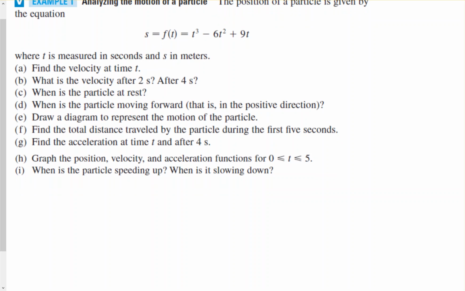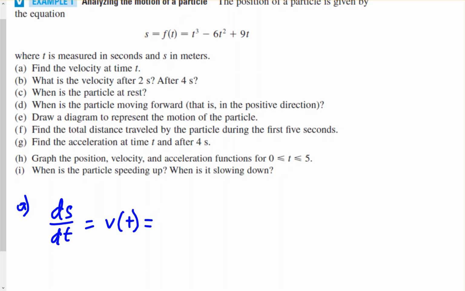So the velocity function would be the derivative of the position function. So ds/dt, which is equal to the velocity.